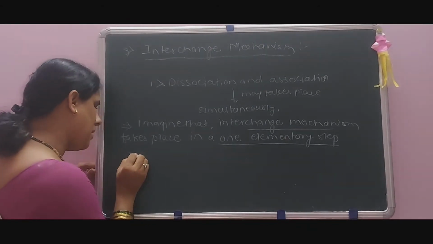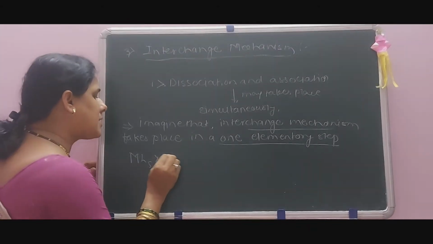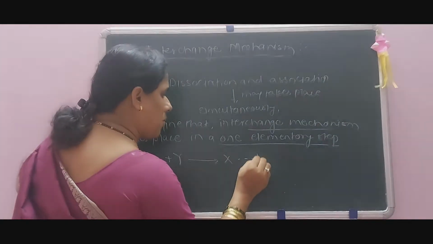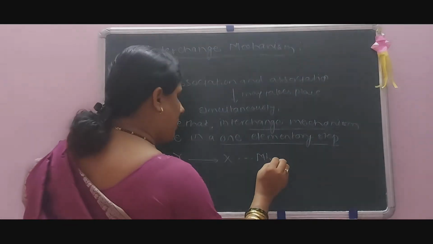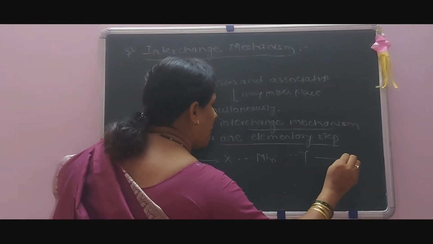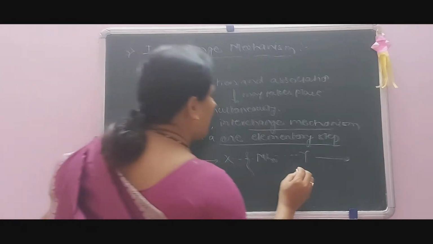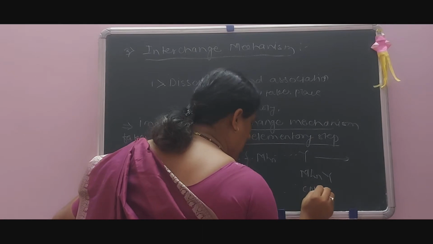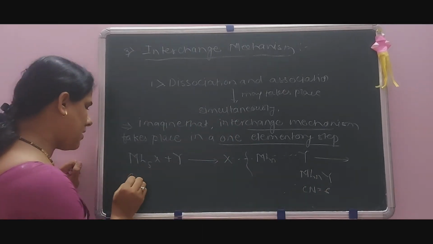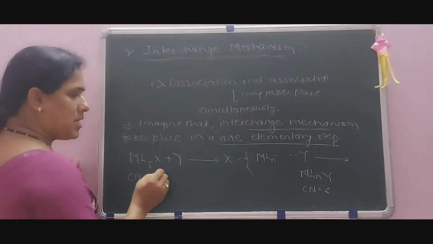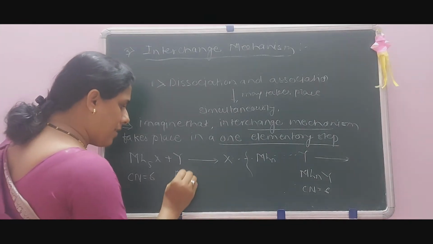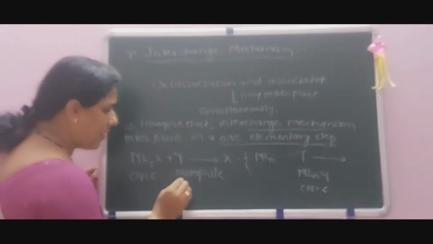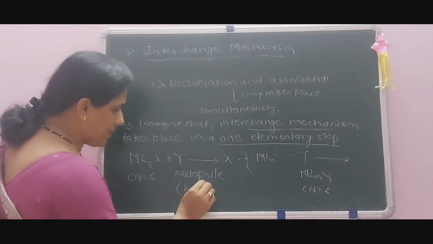What happens here? ML5X plus Y. The bond between M and X is broken, and there is formation of ML5Y, where the coordination number is 6. Y is a nucleophile, and this is a Lewis base.